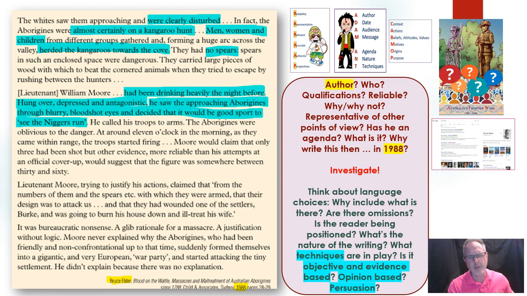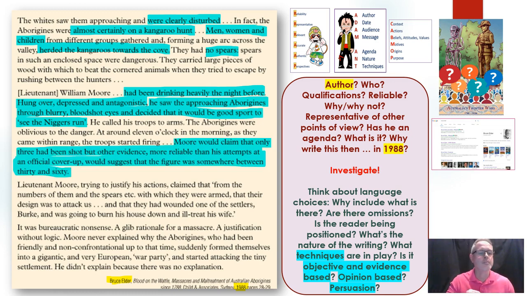Certainly he doesn't sound a very nice bloke, and he sounds like he's not in his happy place when this event took place. He had blurry and bloodshot eyes. Okay, so we're into his body and seeing through his eyes now. And decided it would be good sport to see, I'm not saying the N-word, run. Oh, I wonder where that came from. That's very quotable. But he has no reference to it. So I can't actually track it back. Okay, for what it is.